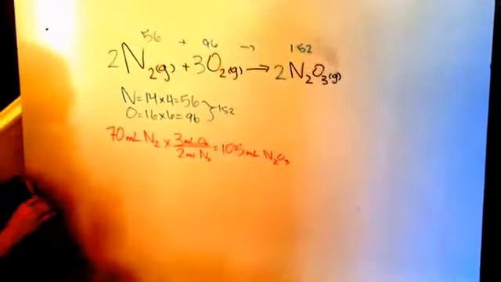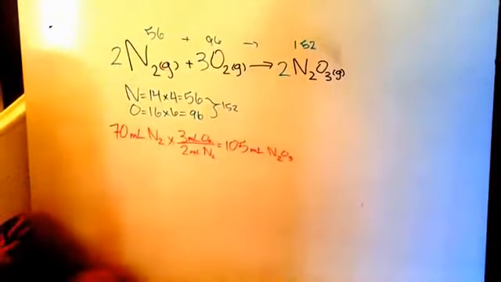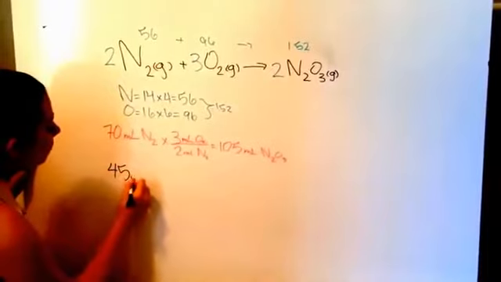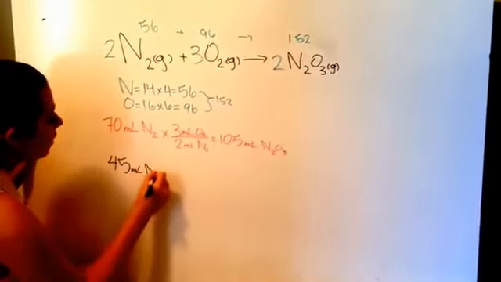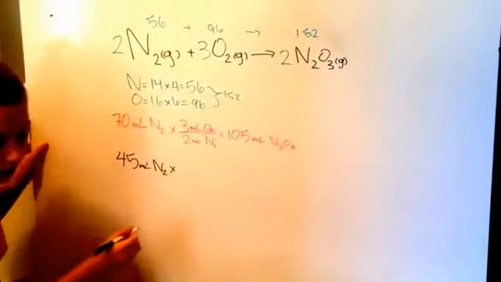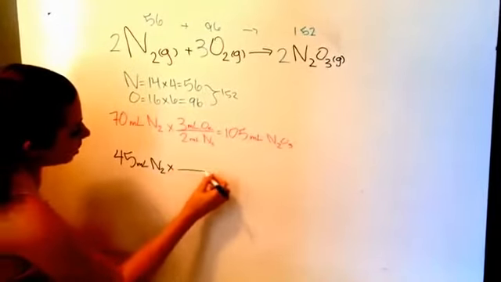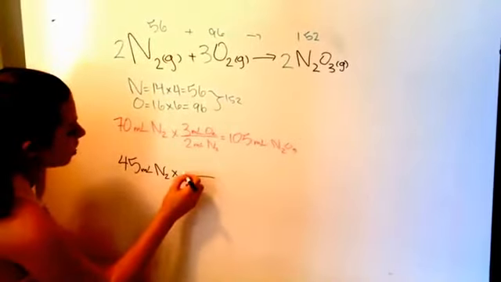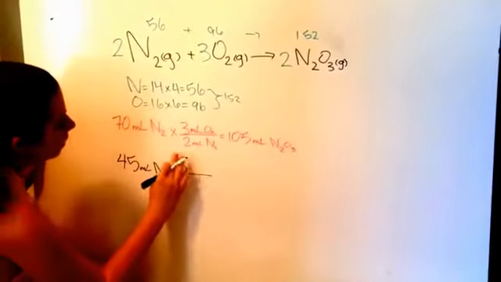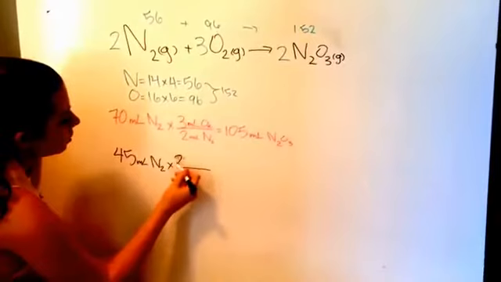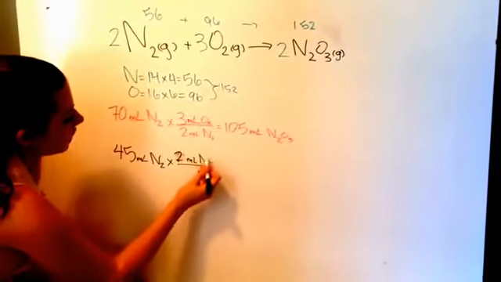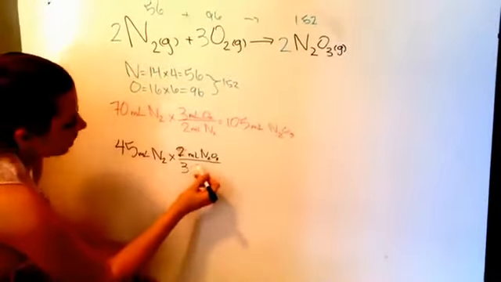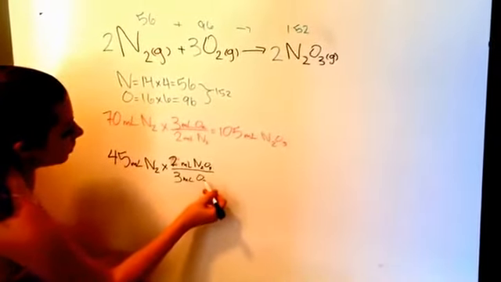We're going to, and it gives you, it's 45 milliliters of oxygen gas. So it is 45 and then you're going to find the ratio of N2O3 to O2. So it's 2 milliliters of N2O3 over 3 milliliters of O2.